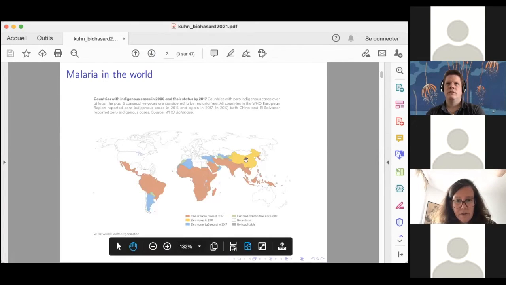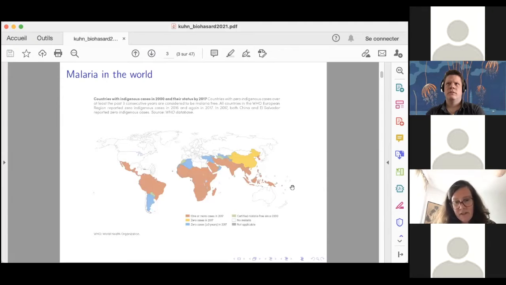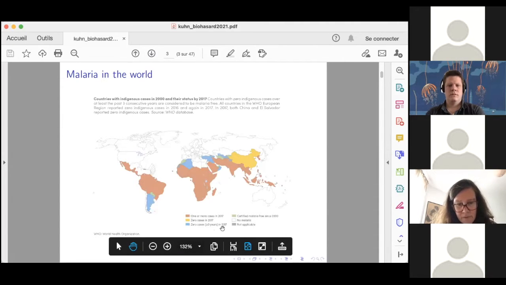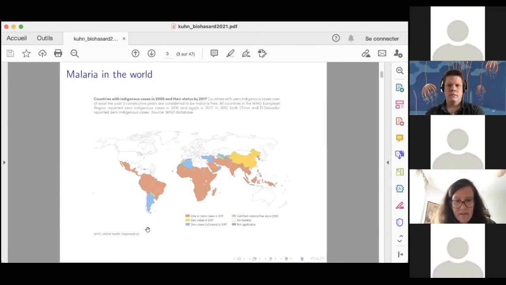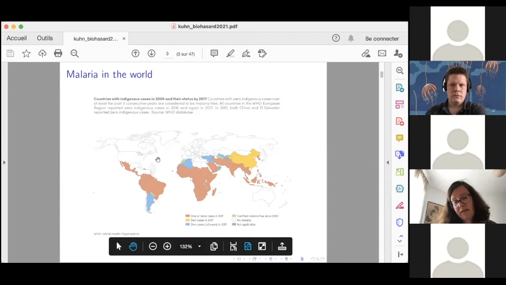In yellow, China here had 0 cases in 2017, and it is quite the same for the countries in blue. In orange or dark orange, the countries had 1 or more cases in 2017. Most of the countries with malaria today are in the Southern Hemisphere.